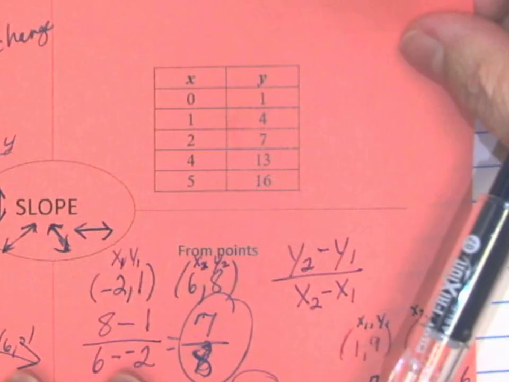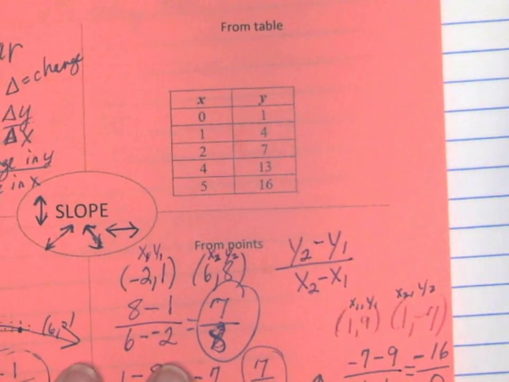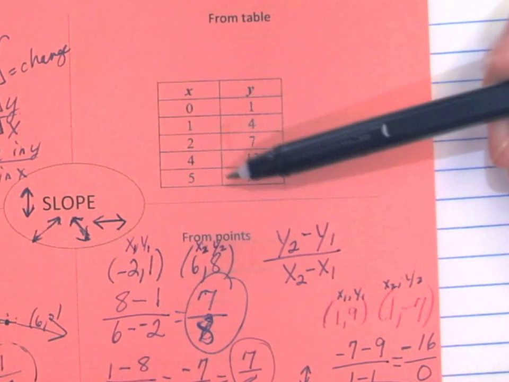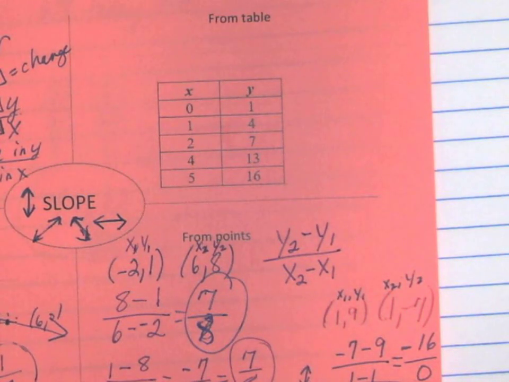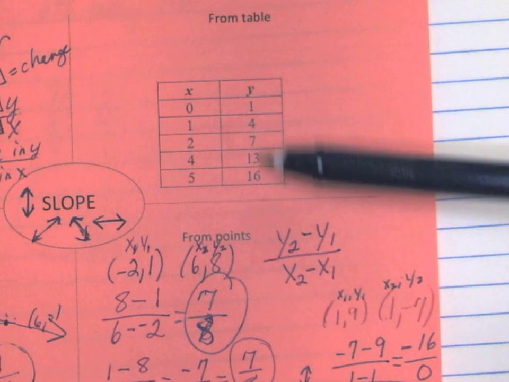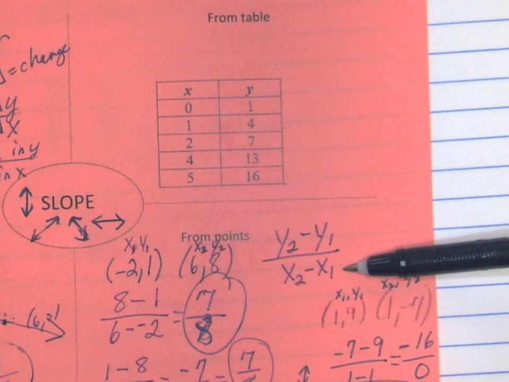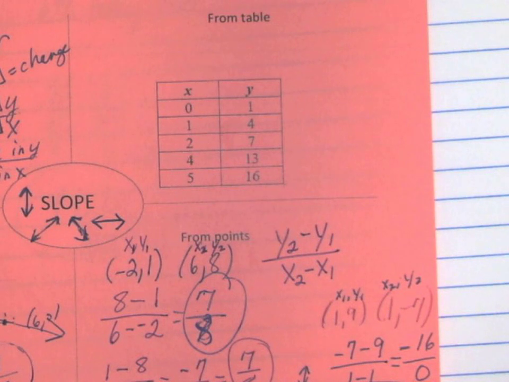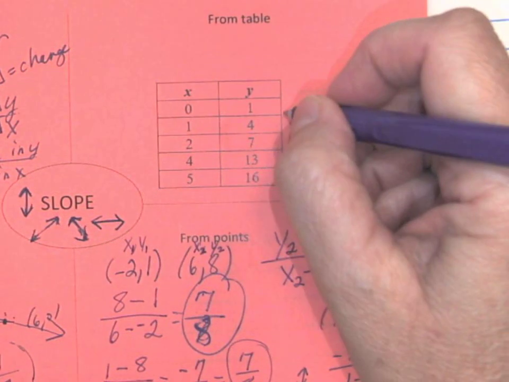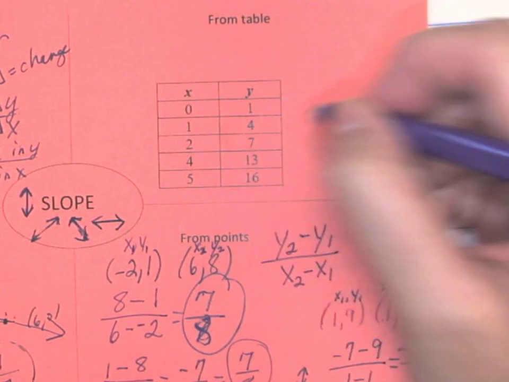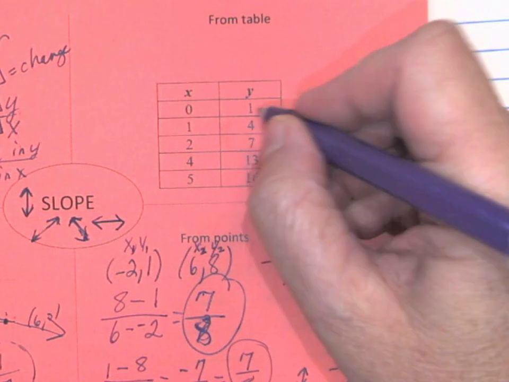Now let's look at our table. There are two different ways we can do our table. We can either pick any 2 points from the table and use this formula. That will always work. It doesn't matter which 2 points. Or you can see what the rate of change is. Remember I said change in y over change in x.